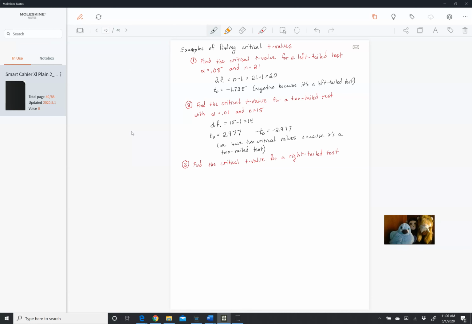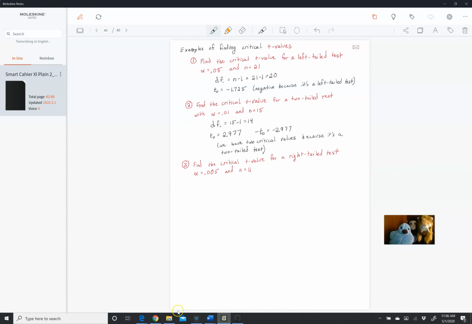This time our alpha is going to be 0.005 and our n is going to be 11. Once again, you should try this on your own. Pause the tape right here, try it on your own, make sure that you can use the T-chart. Do a few of them.